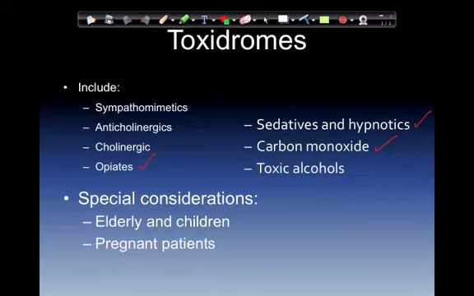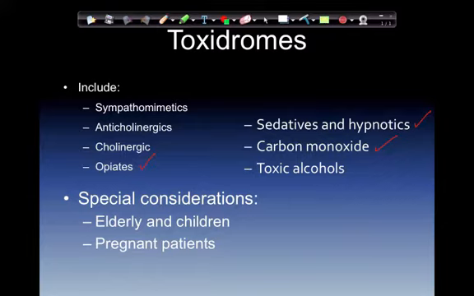Special considerations when going on to it. Elderly and children. The elderly do not have good liver function. The older that they are, the less active their liver actually is. The liver detoxifies things in the system. And then children. Most of the medications are weight-based for adults.